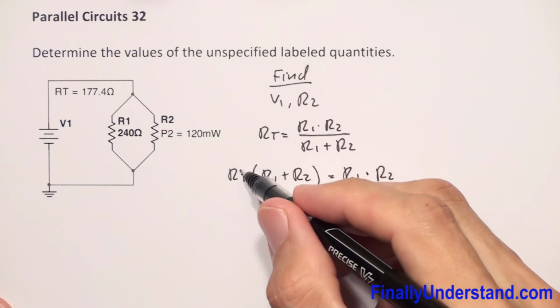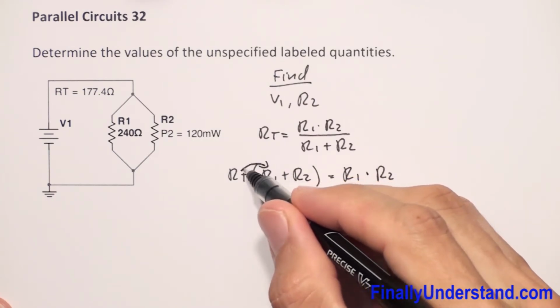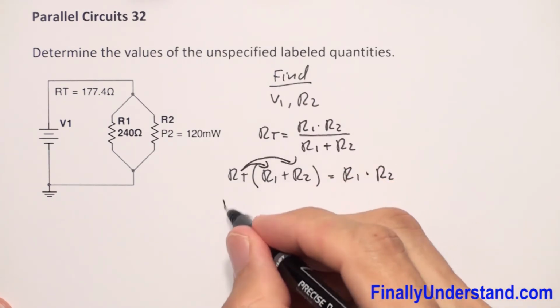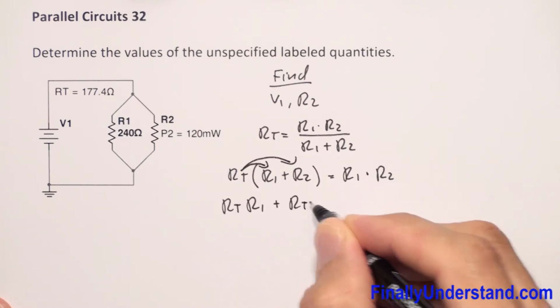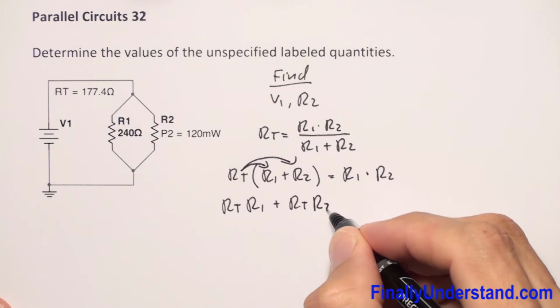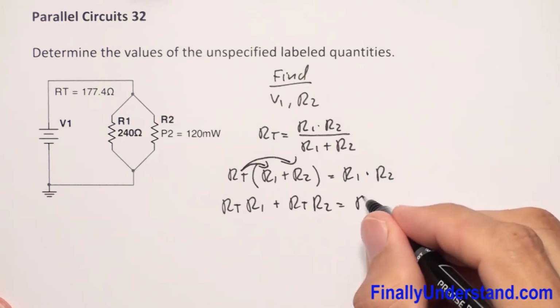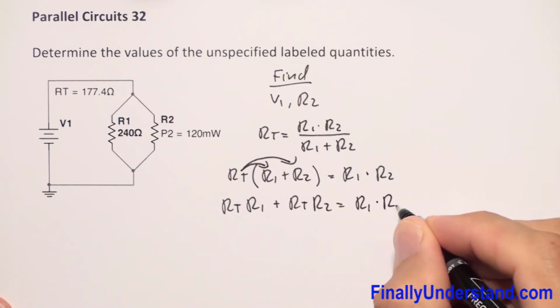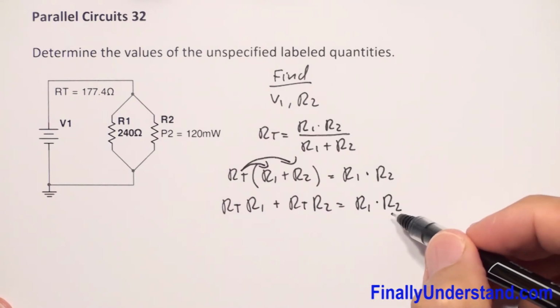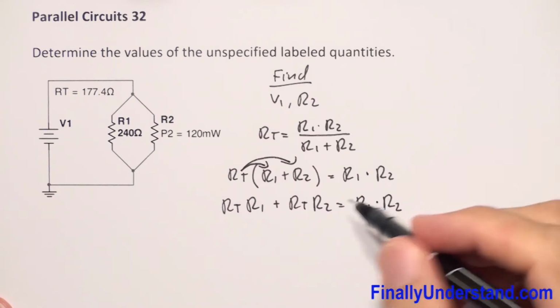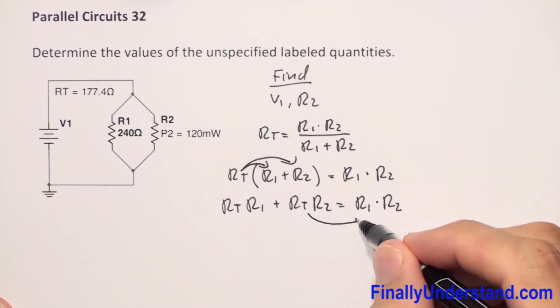Next I have to distribute RT into the parentheses. So I'm going to have RT times R1 plus RT times R2, this is equal R1 times R2. I'm looking for R2, so all terms which contain R2, I'm going to move to the right side.